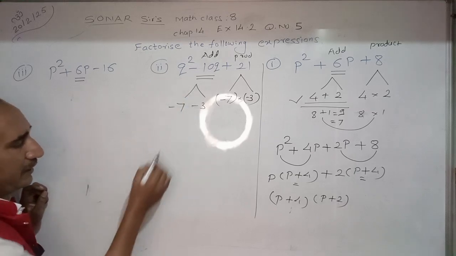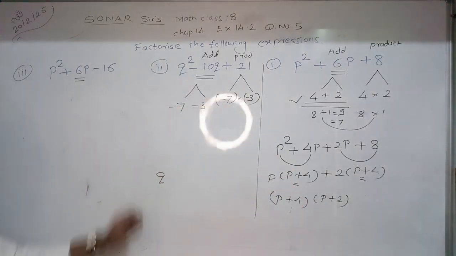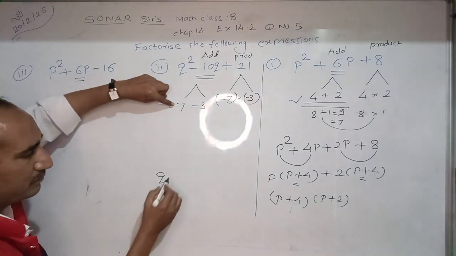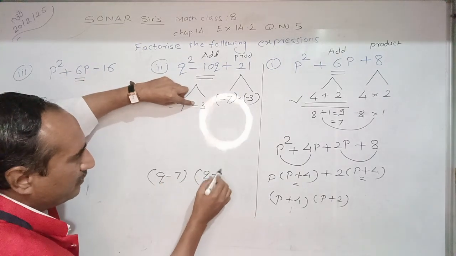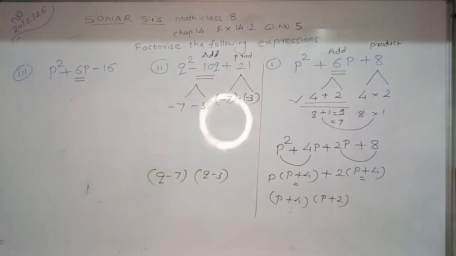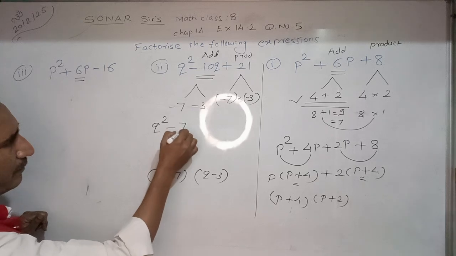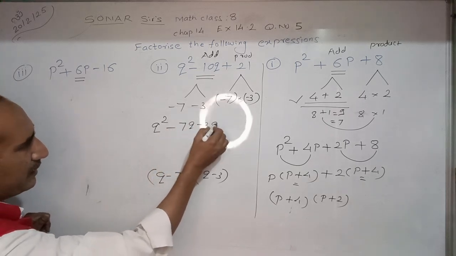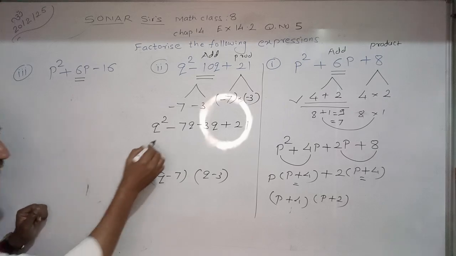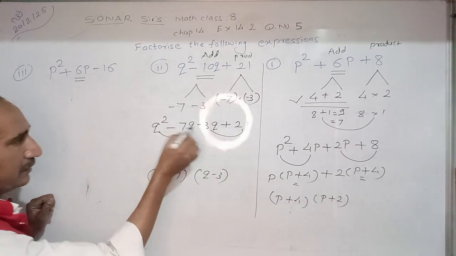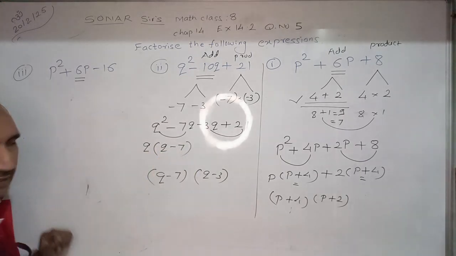Again, we'll write it down directly. As in the previous question we learned, we can take q minus 7 as the first factor and q minus 3 as the second factor. We can also split it this way: q square minus 7q minus 3q plus 21. Again, as per the common taking rule, we take q common, so here q minus 7.